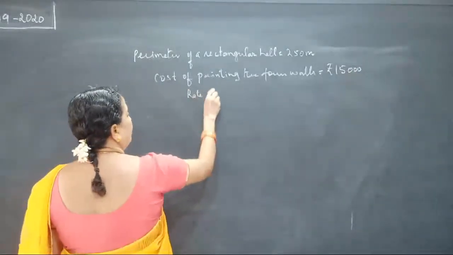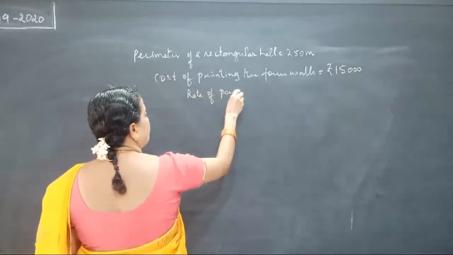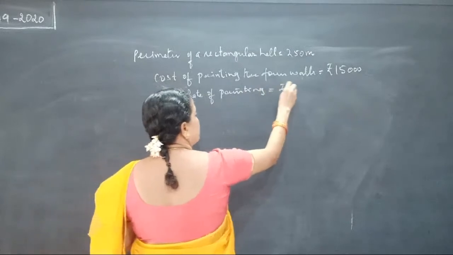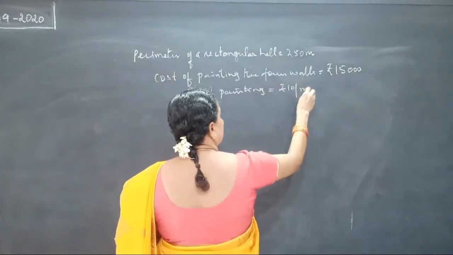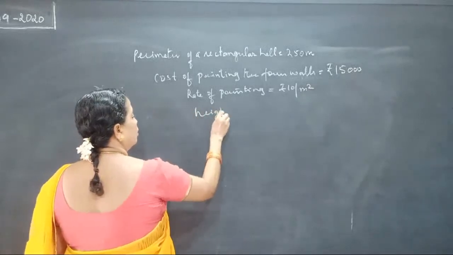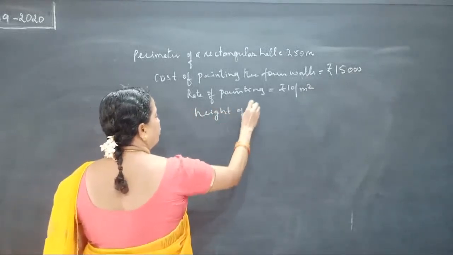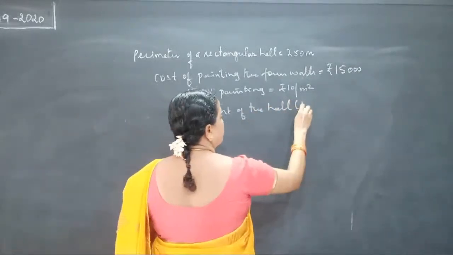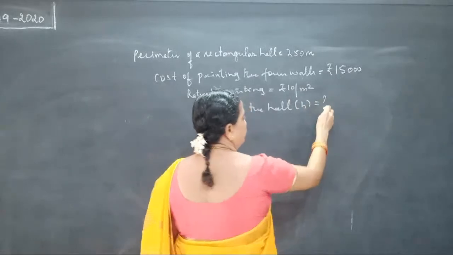Rate of painting is rupees 10 per meter square. Height of the wall, height of the hall, H we have to find it out.